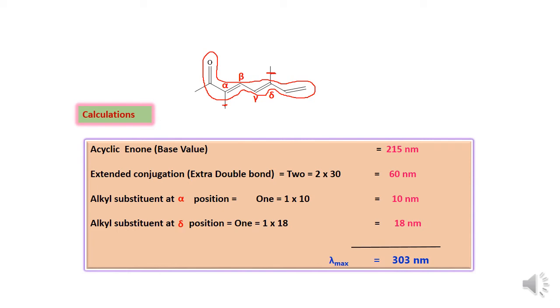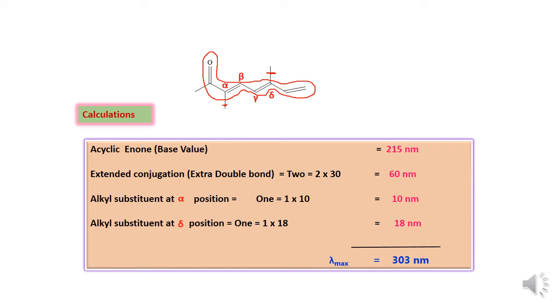So according to the positions, you have now one alkyl substituent at alpha position, and according to Woodward-Fieser rules, you have to add 10 nanometer for this alpha position substituent. If the alkyl substituent is present at the delta position, then you have to add 18 nanometer.